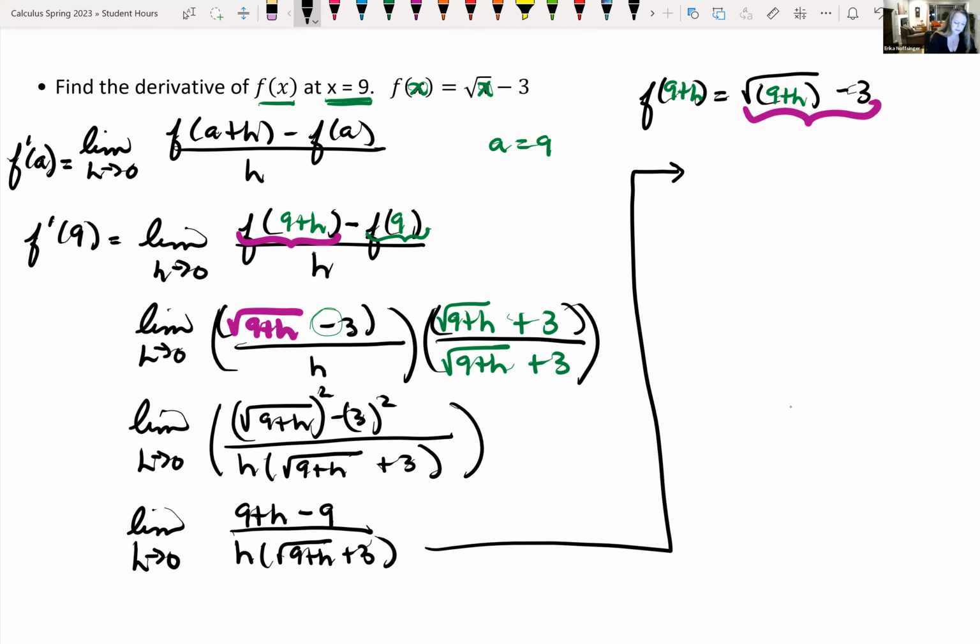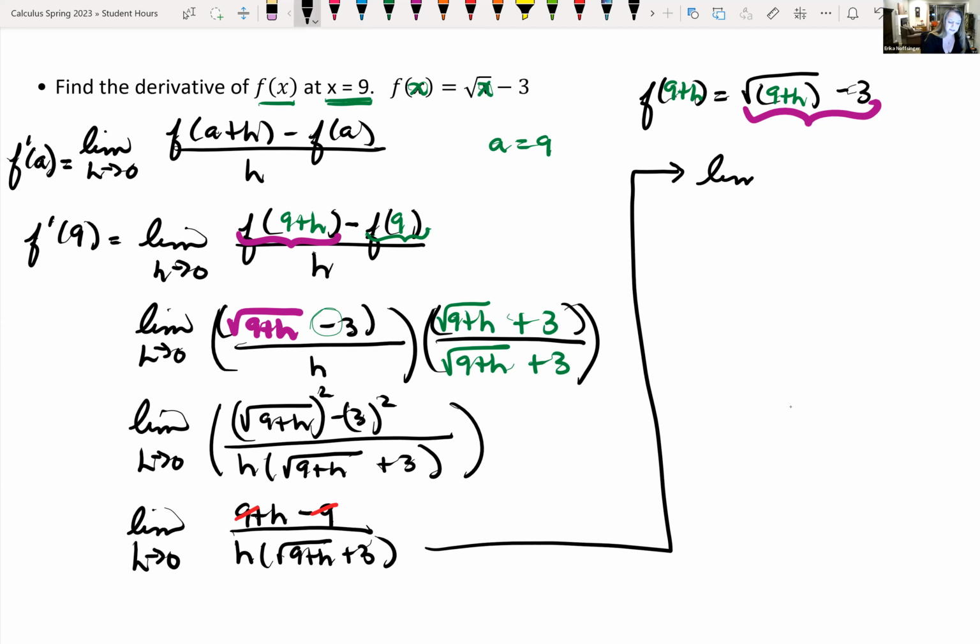So if you do everything correctly, things should start to cancel out, and we should be left with a factor of h both in the numerator and denominator. And if you look at this, we have 9 plus h minus 9. The 9s cancel with one another, leaving us with just h in the numerator.